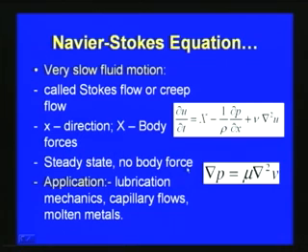At steady state, if there is no body force, we can write this equation as del P equals mu del square V, where V is the velocity vector and P is the pressure. For very slow fluid motion, these equations are very useful in lubrication mechanics, capillary flow, and also molten metals, especially in metallurgy, where we can utilize this form of the Navier-Stokes equations.